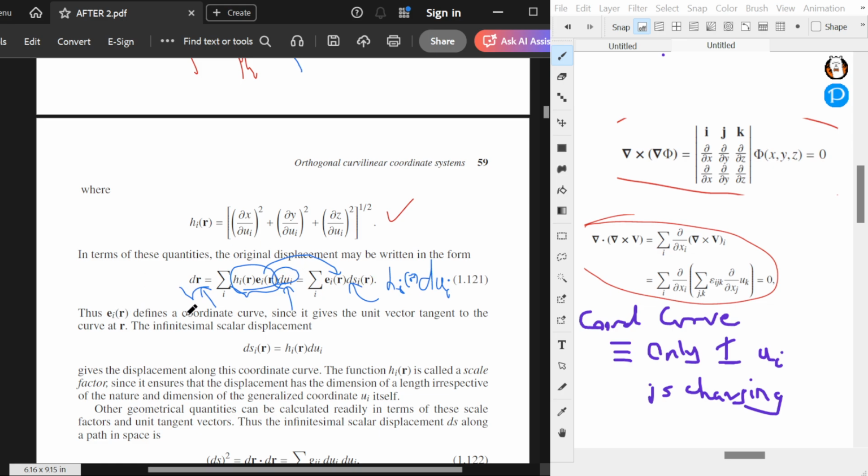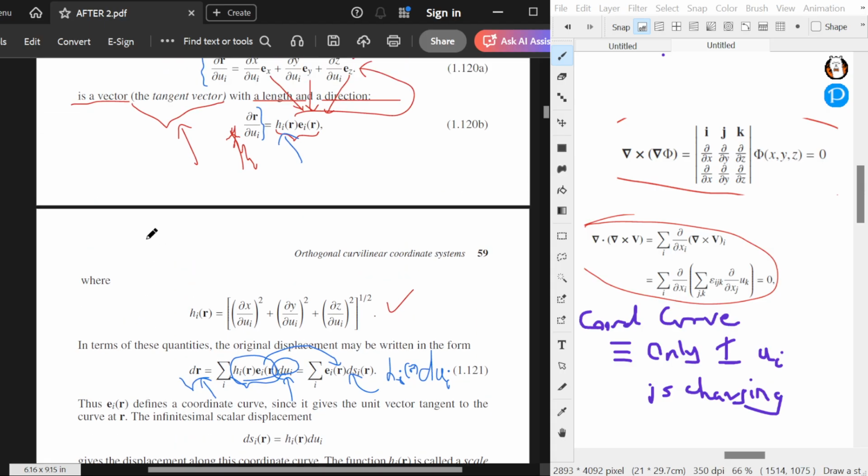Thus, e_i defines a coordinate curve. Coordinate curve, only one thing is changing. Two things constant, one thing changing. So let me break this down for myself. X is constant on this line, where this is the X axis.